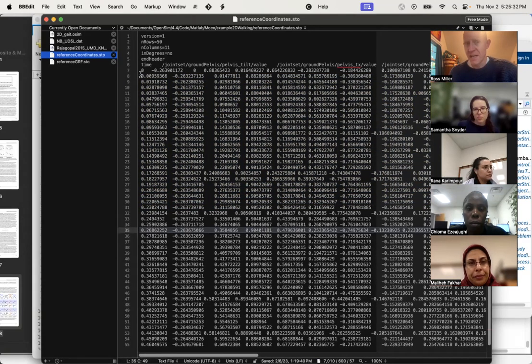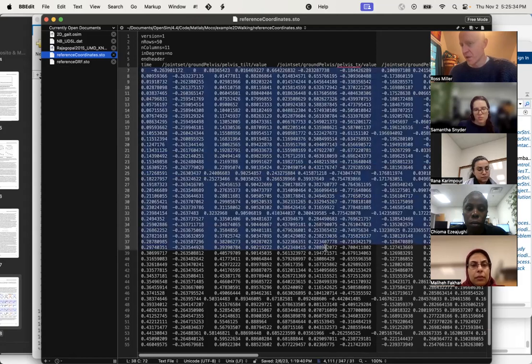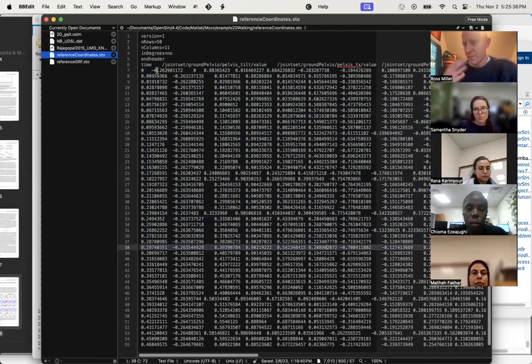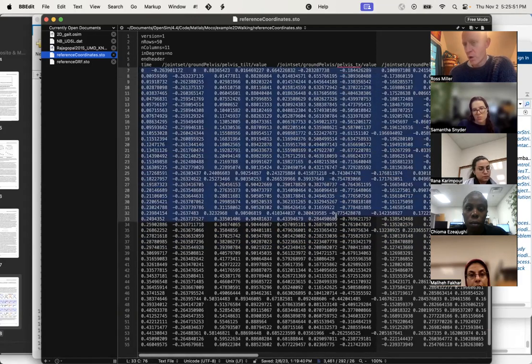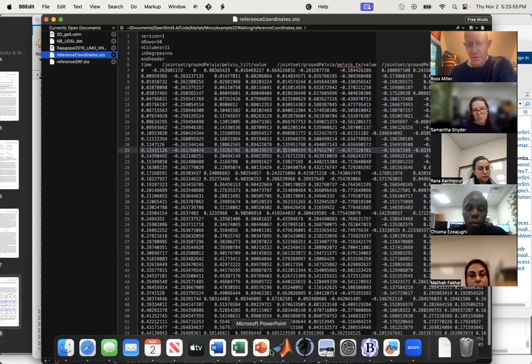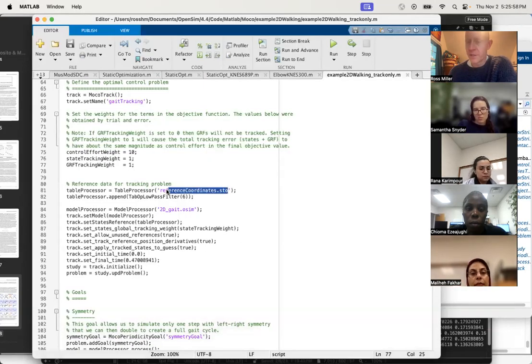And so that was the first thing I did, was just swap out these numbers here for my own mean experimental data values and run the simulation and try to get it to work with tracking real human experimental data. But if you wanted to do that, it would be as simple as creating a new file there, putting in your measured values here for those motions, and then referencing that file here instead.